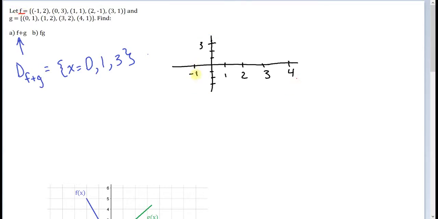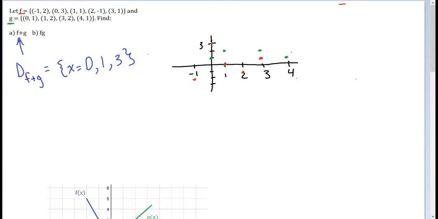So f is (-1, 2), (0, 3), (1, 1), (2, -1), (3, 1). So you can see these points. And g, I'll do it in green: (0, 1), (1, 2). There's no value for 2, then (3, 2), and (4, 1).